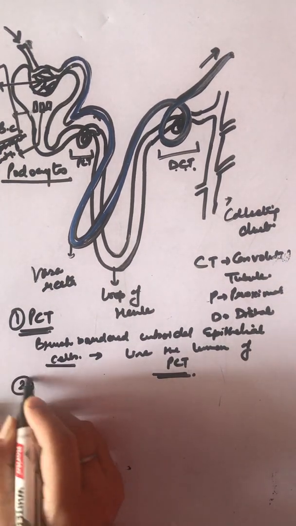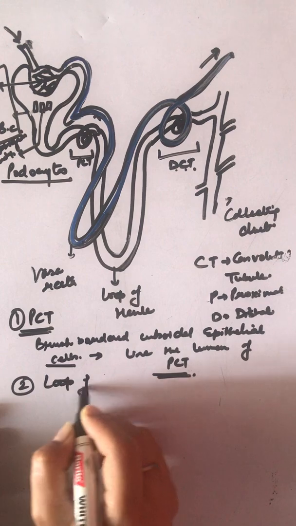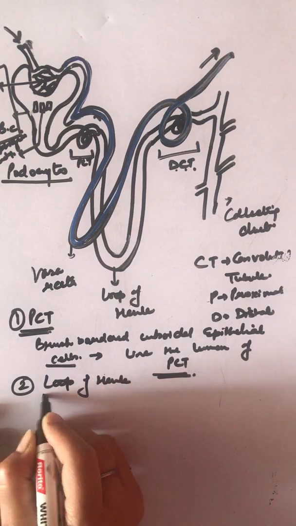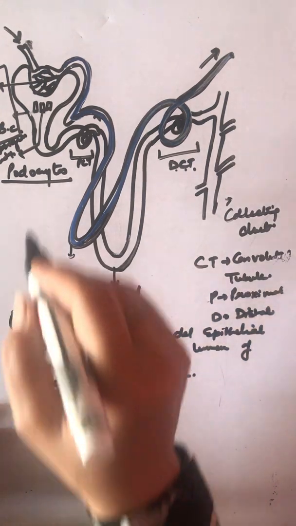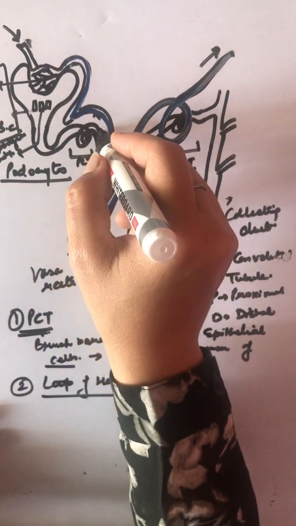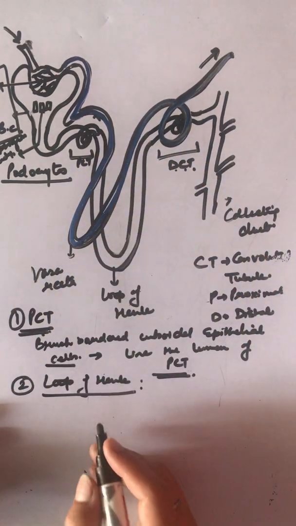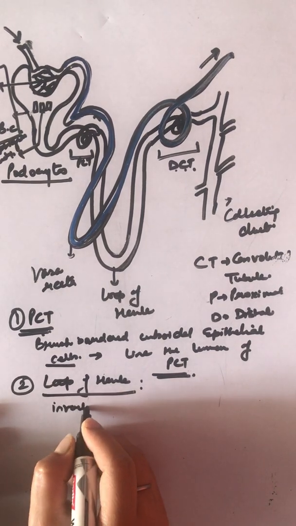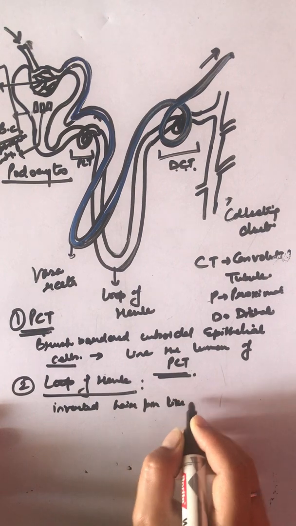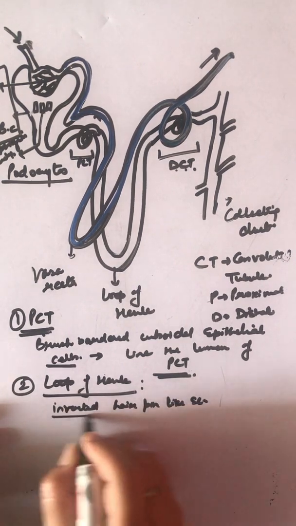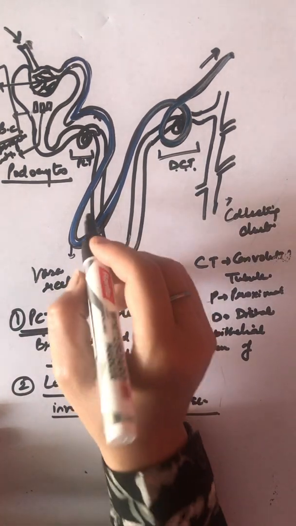Then is loop of Henle. From where does it arise? From the end of PCT. It's a continuous structure. End of PCT will give rise to the loop of Henle. Inverted hairpin-like structure. Okay. It has a descending limb.